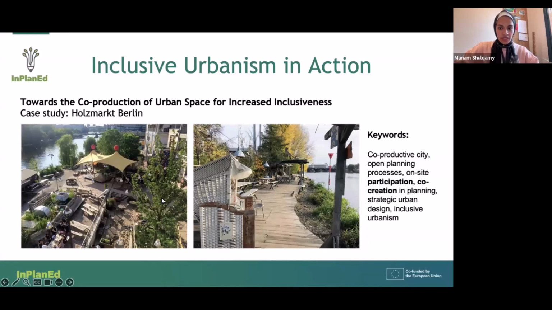Of course, there are more. Here, the citizens played a vital role in shaping their environment. Co-production involves citizens taking an active role in planning and shaping urban spaces. Unlike the traditional top-down approaches, co-production empowers communities to lead the development process, making cities more reflective of the people who live in them.